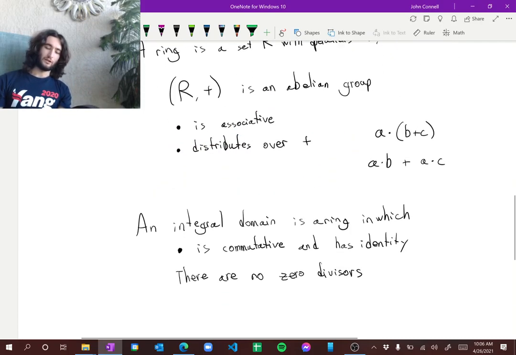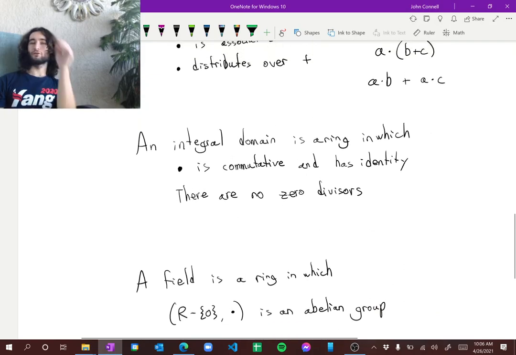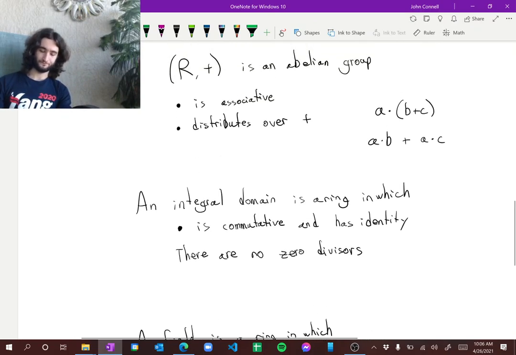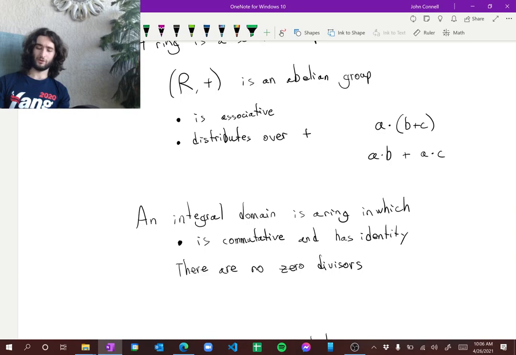Going up the ladder here, an integral domain. An integral domain is where you give a little bit more restriction to what your second operation has got to do. Your second operation has got to be commutative, and it's got to have an identity. We usually give that second identity the symbol for the number 1.